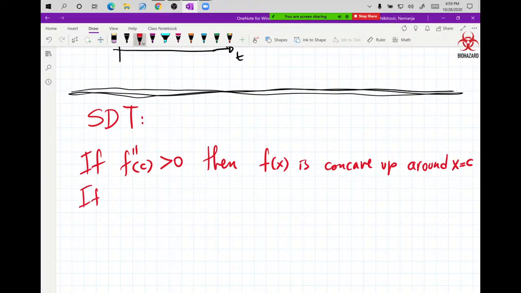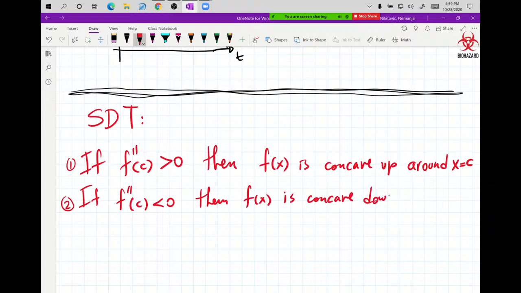And the second part, if the second derivative of c is less than 0, then f of x is concave down around x equals c.